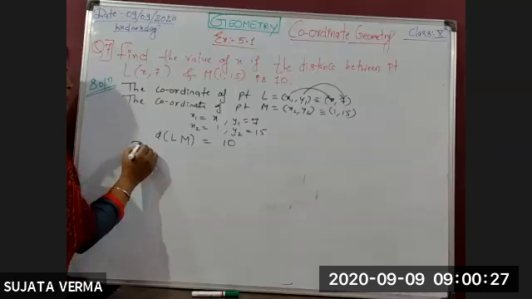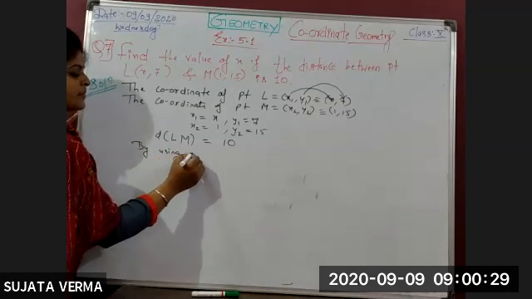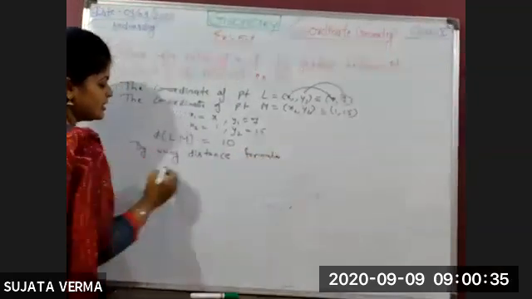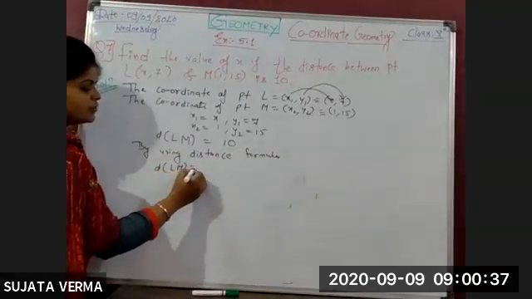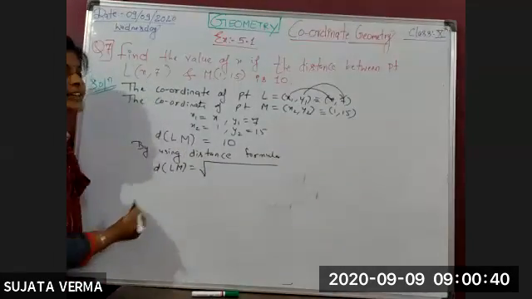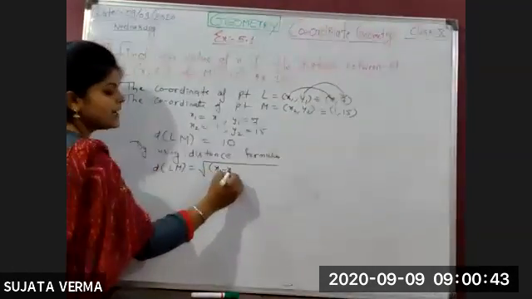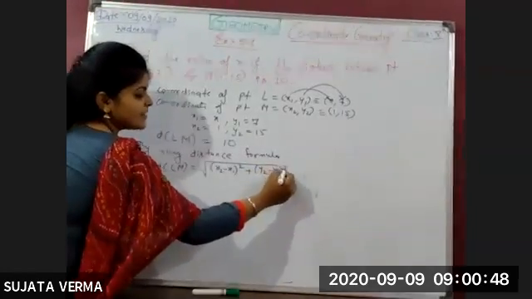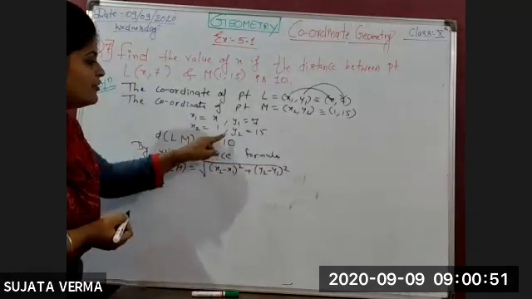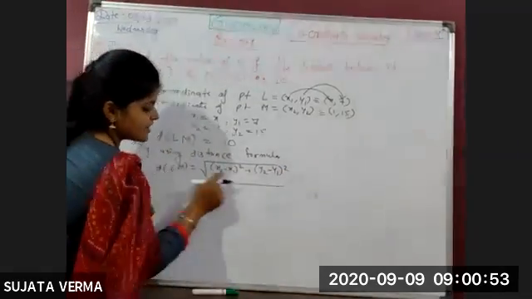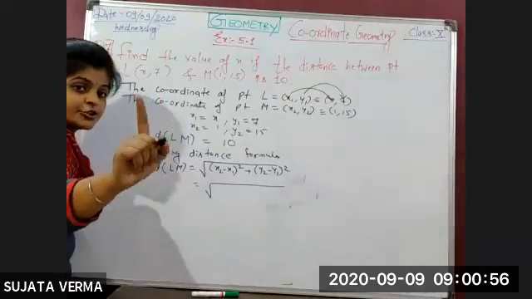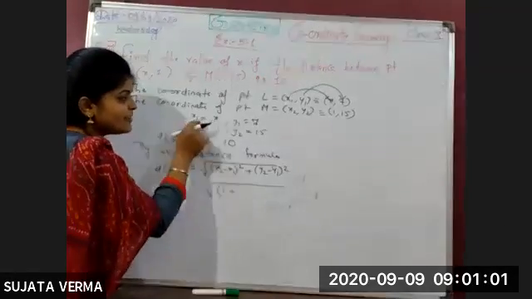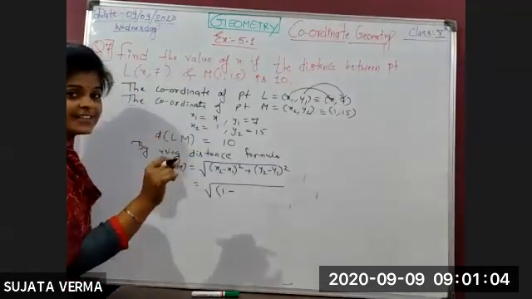Okay. Now by using the distance formula, distance LM is equal to under root, yes, the formula is under root (x2 minus x1) square plus (y2 minus y1) square. Now put the values. We have x2 is equal to 1, so put x2 equal to 1, minus x1, which is equal to x.